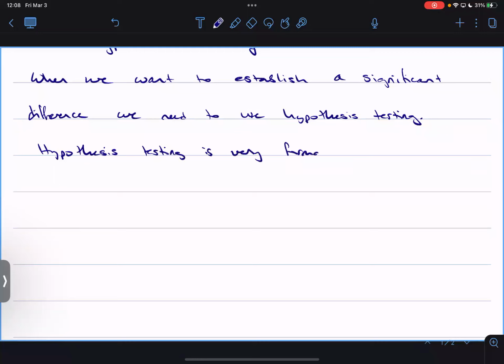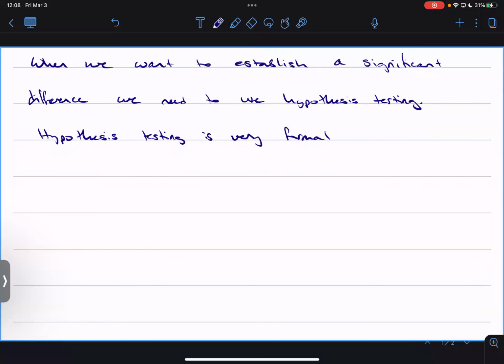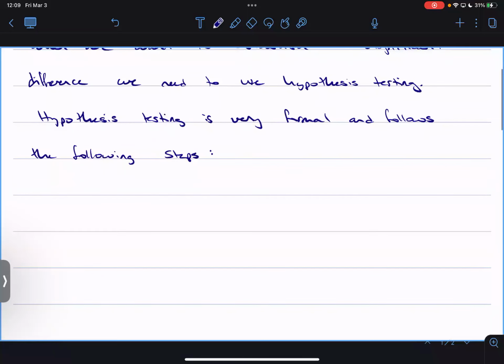Hypothesis testing is very formal. That's why we need to do it for any sort of research paper that we're doing. Anytime that you want to establish significance, you use hypothesis testing. So hypothesis testing is very formal and follows the following steps. Step one, you're going to state your hypothesis.